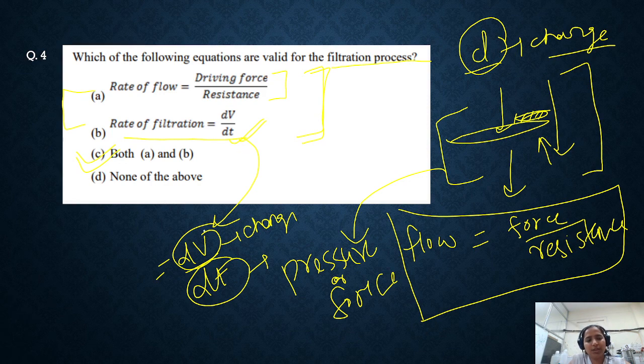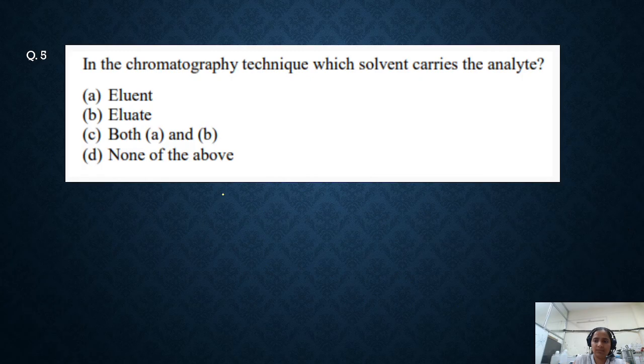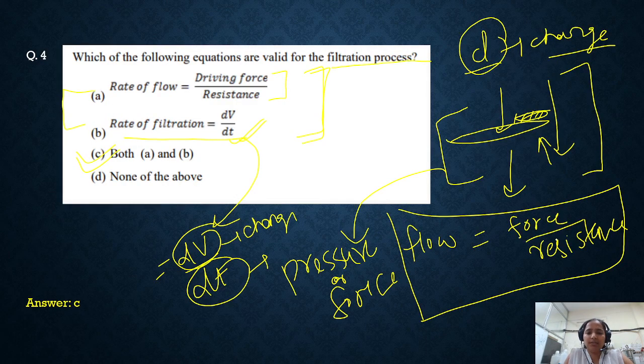So for this question, answer is C. Anyone has any doubt till here?